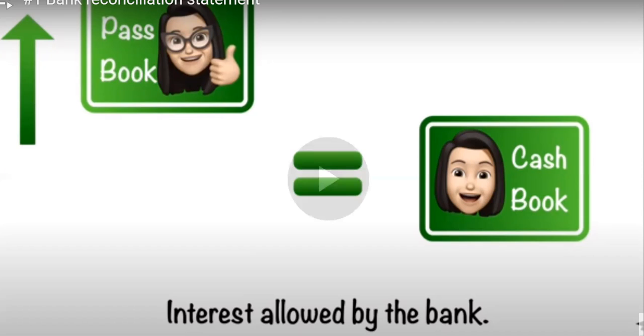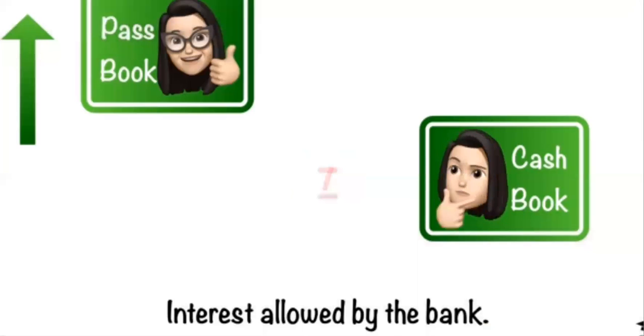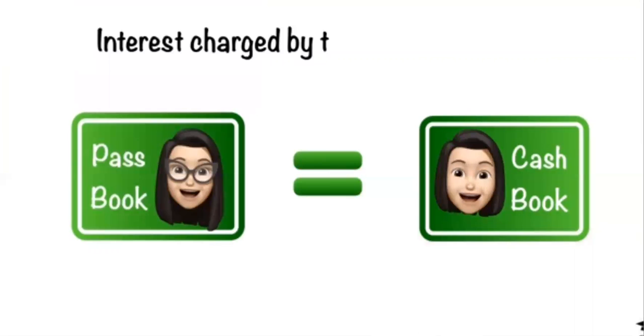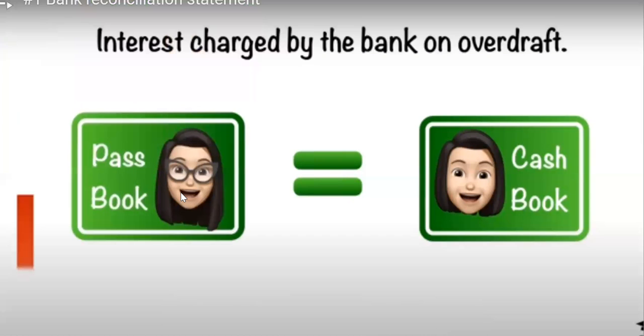The next one, interest charged by the bank on overdraft. Then the passbook amount will decrease. At the same time, the cash book balance has no effect and remains the same.